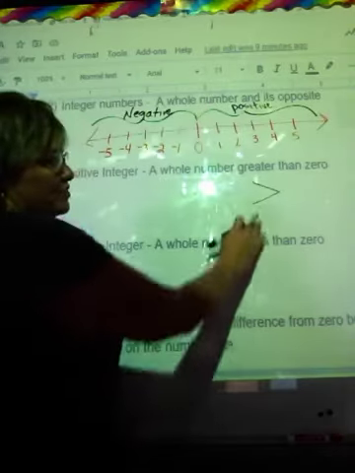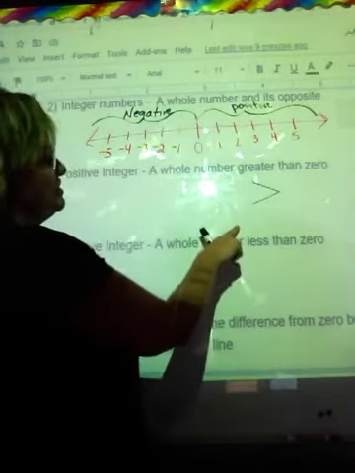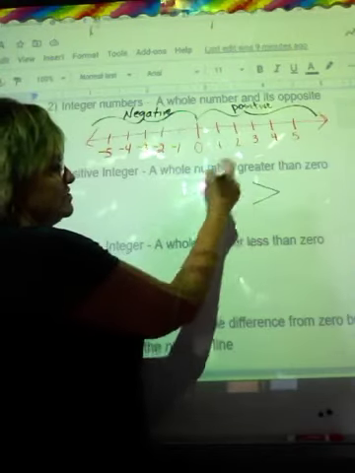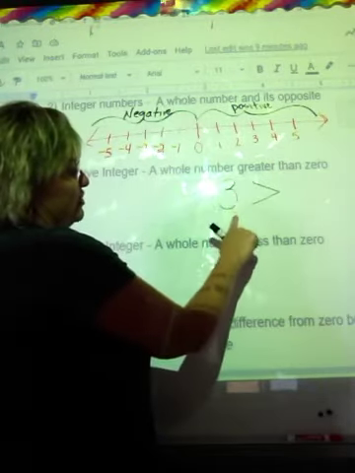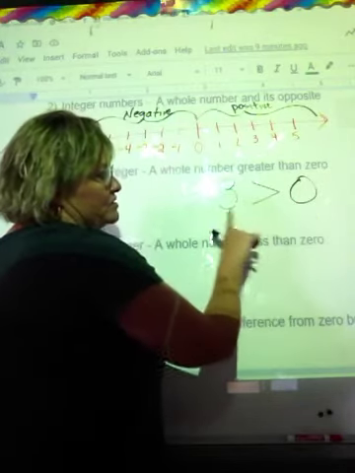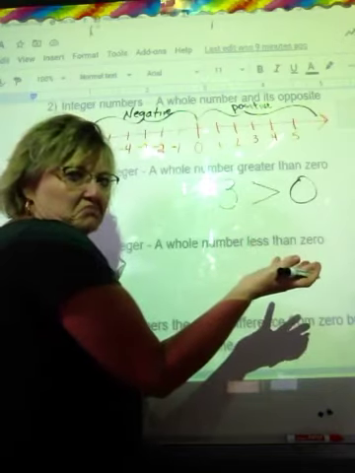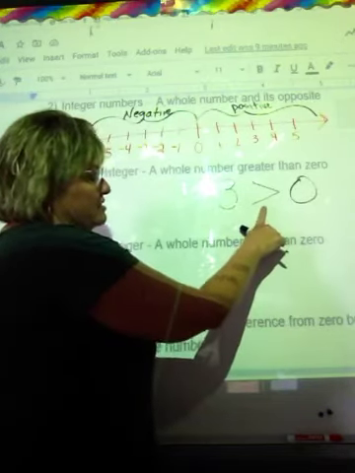Okay? So greater than. So for example, a whole number that is greater than 0. So let's just take the number 3. 3 is greater than 0. So 3 is a positive number. Not too bad, right? So that's a greater than sign.